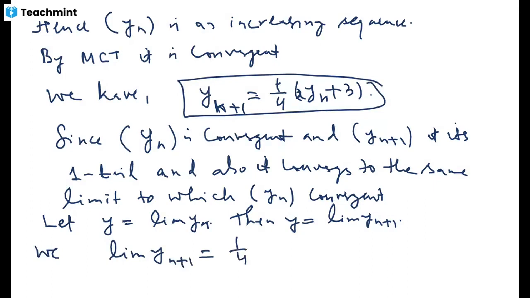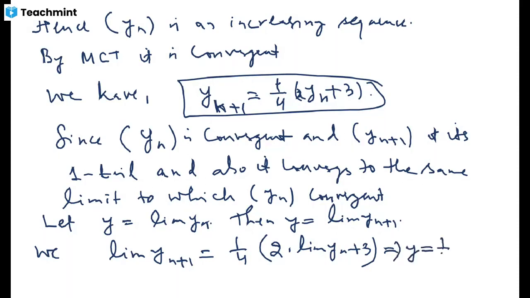I can take this because the sum of convergent sequences is convergent, and multiplying it with a scalar hardly affects the convergence.